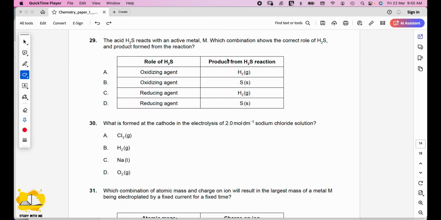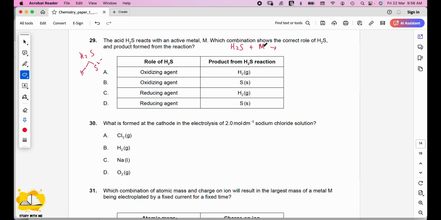Alright, for question number 29. The acid H2S reacts with metal M, producing, okay, so H2S, you guys know H2S, so it will be H plus and then S2 minus.